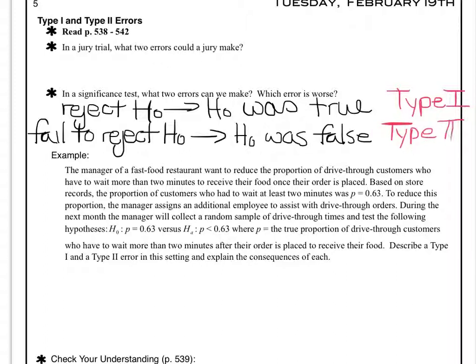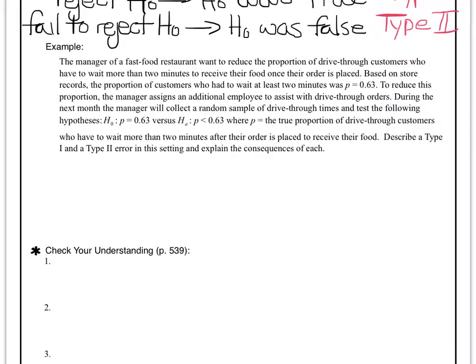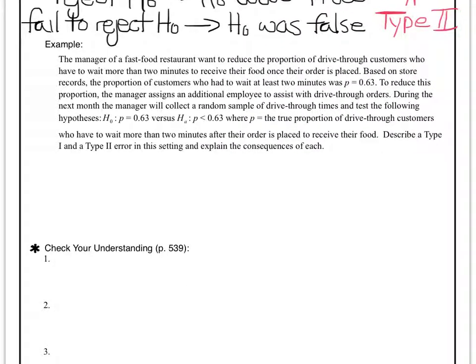Okay. Our question here asks which one was worse. That really just depends on the situation. It varies from case to case and scenario to scenario, but what you need to be able to do is identify each error in a given scenario. So, if we look at this scenario, the manager of a fast food restaurant wants to reduce the proportion of drive-thru customers who have to wait more than 2 minutes to receive their food once their order is placed.